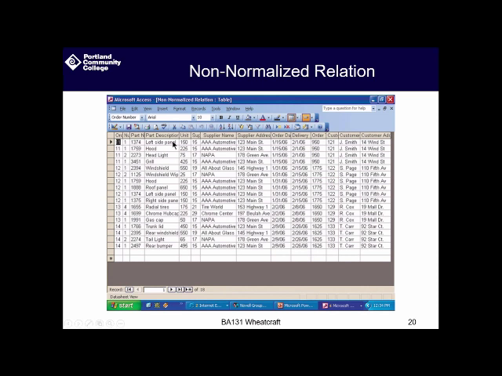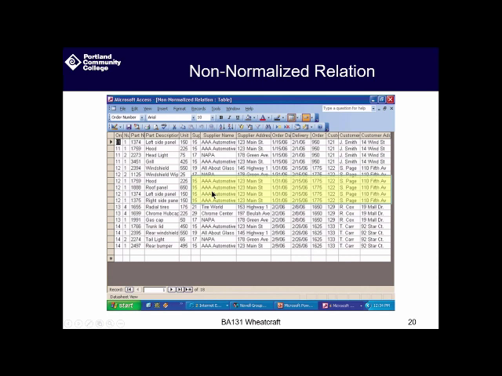Here's our kind of traditional flat file, non-normalized database. And as we look down here, you can see hood, 2 times. I've got the part number, the unit, supplier, that exact same information I've had to key in multiple times.